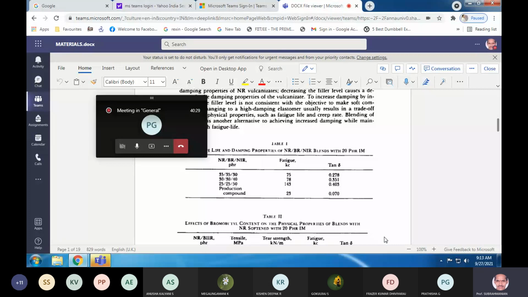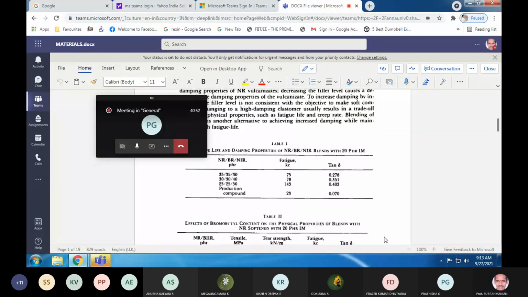Here in Table 1, it is about a blend of NR, polybutadiene, and NIR. NIR you may have studied; if not, don't worry.